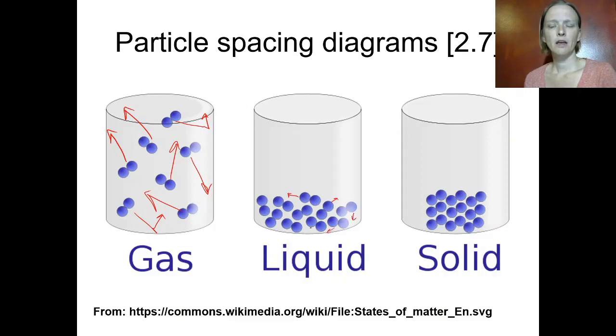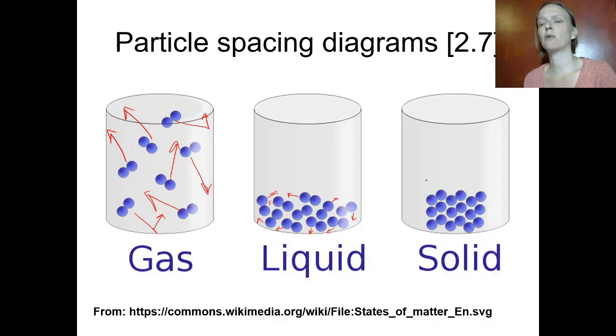They're sliding past each other. The particles are free to move and slide past each other, and therefore they don't have a definite shape, but they do still have a definite volume.